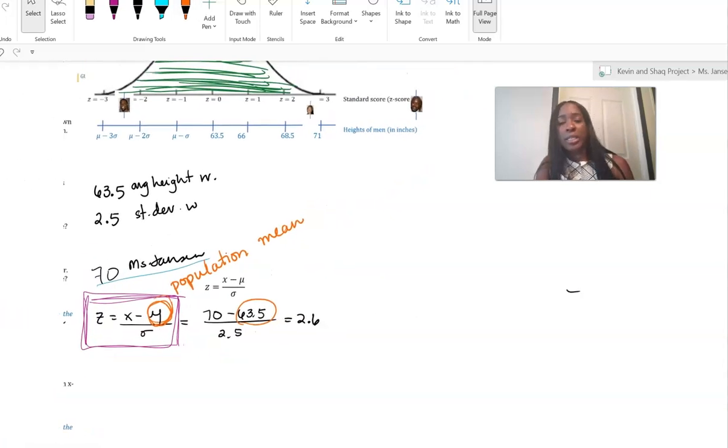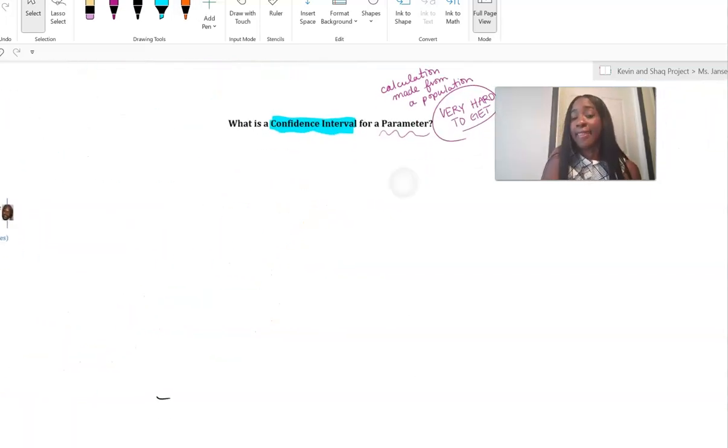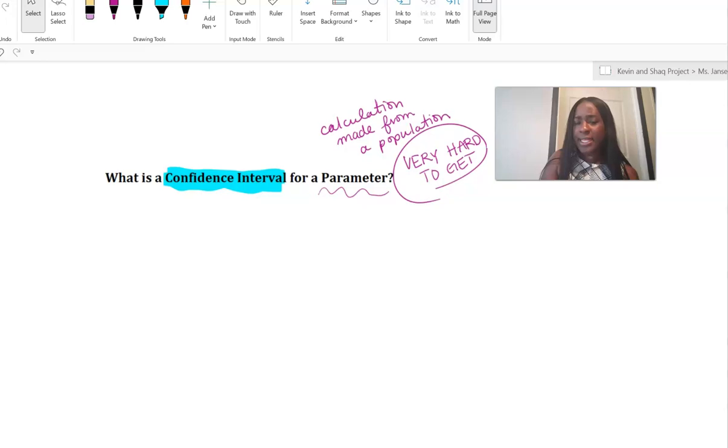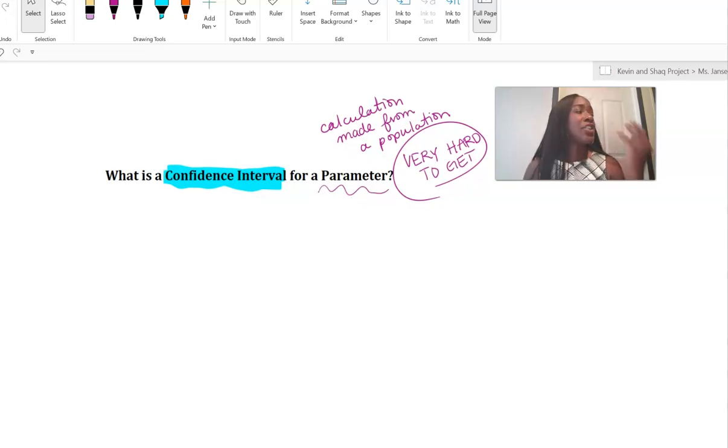So what we're going to be looking at in this lesson is, think about the question. Do you think it is very likely that the population mean height of women in America is exactly 63.5? Let me phrase that differently.